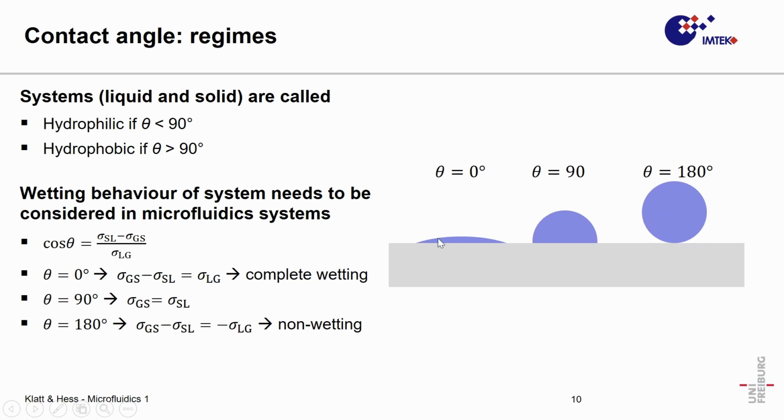And depending on the contact angle, the wetting behavior of your system can be described. So if you have a contact angle of approximately 0 degrees, we talk about completely wetting behavior. Whereas for a contact angle of 180 degrees, we talk about non-wetting behavior.